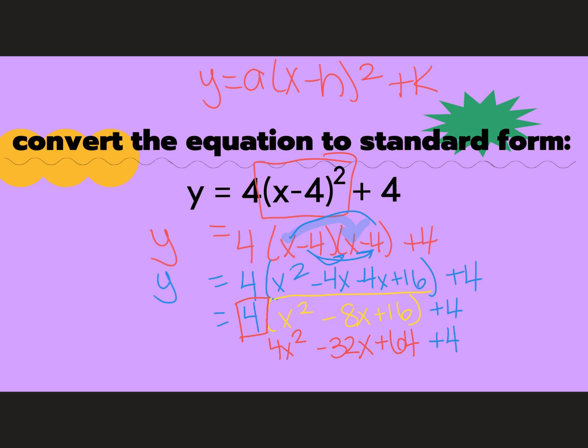Now my final step, combine any like terms. Do I have any other like terms that I need to combine? Hopefully you recognized here. Okay? So my final answer is going to be 4x squared minus 32x plus 68.